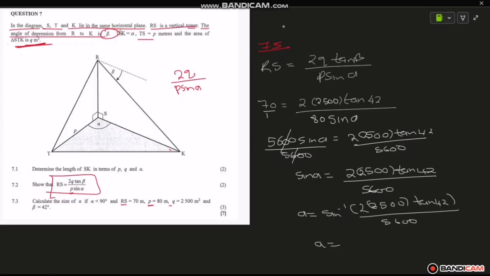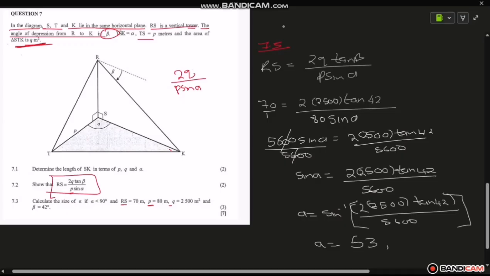So it's going to be a square bracket covering the entire fraction. Then let me punch it in my calculator.